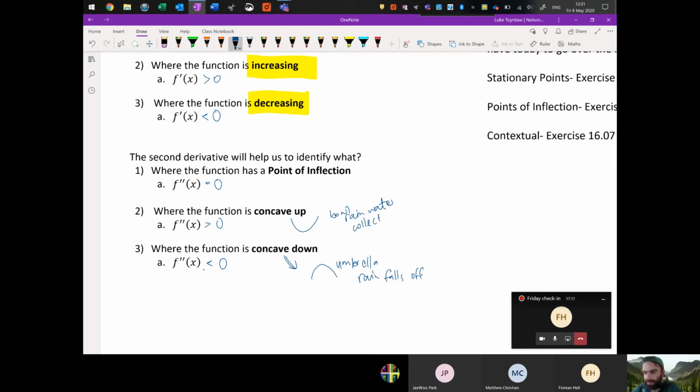Any graph that looks like it collects water is a concave up function. Concave down is your umbrella type, where your second derivative is less than 0.